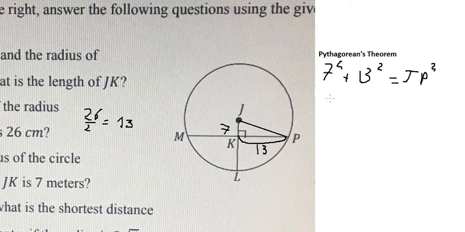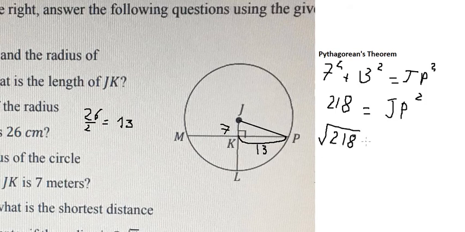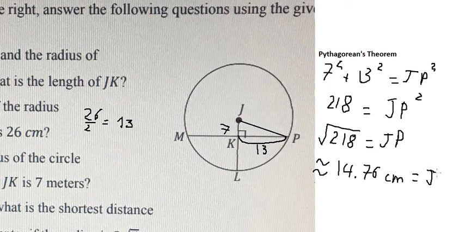We got 218. We take the square root of both sides. And this one we got approximately 14.76 centimeters, and this is the value we need to find.